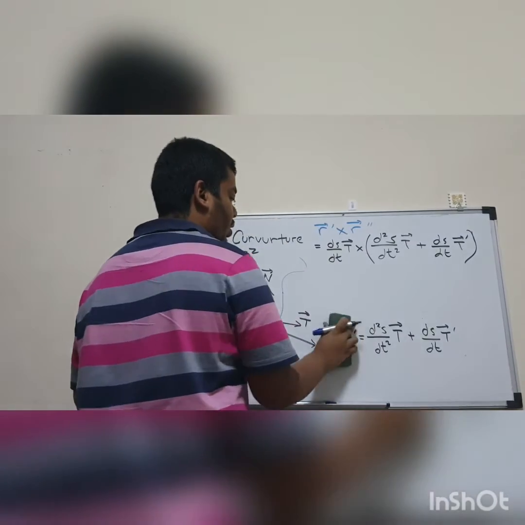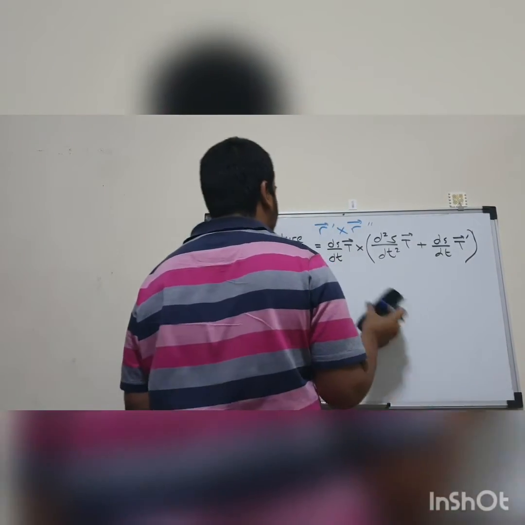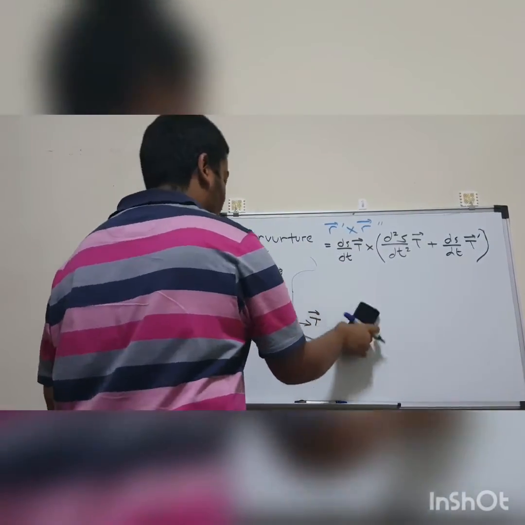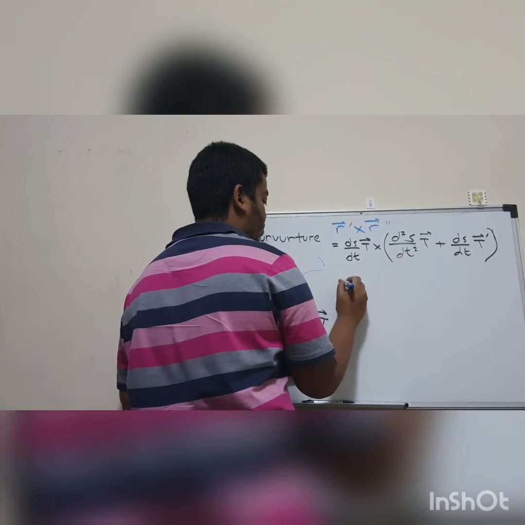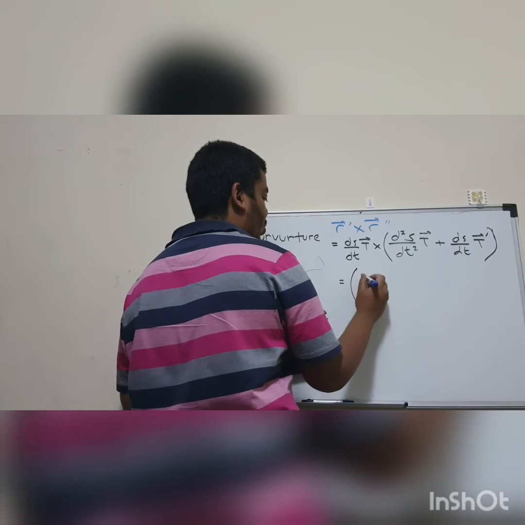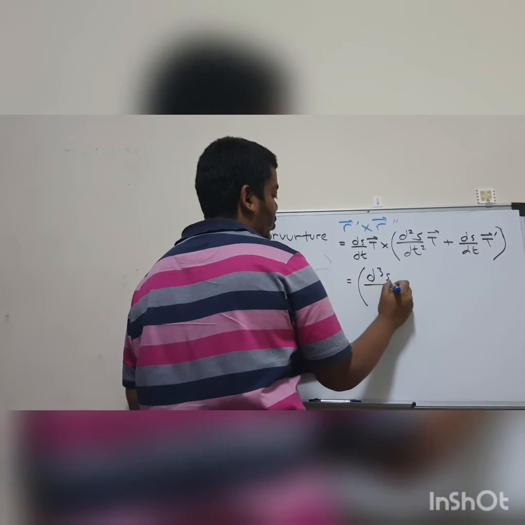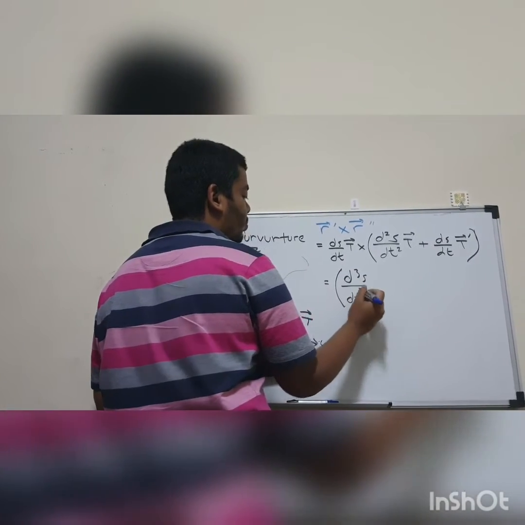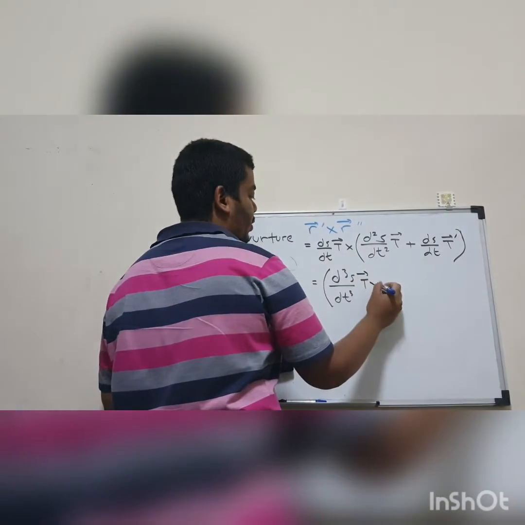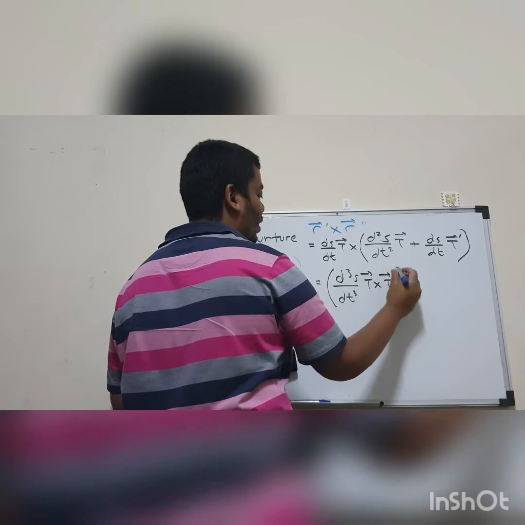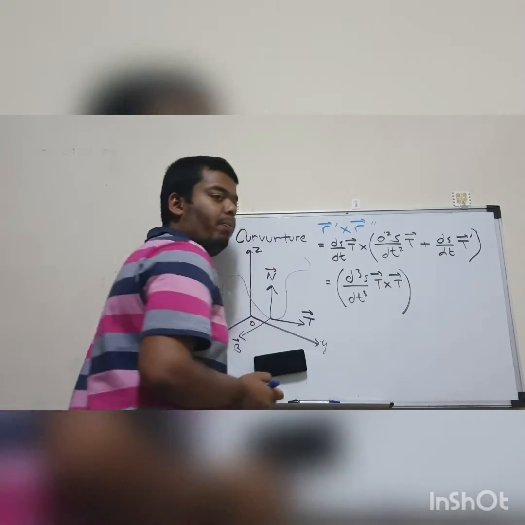Now guys, this cross multiplication is distributive, sorry. So we'll do the distribution property here. So it will be d cube s over dt cube, okay? And then we'll have t cross itself. Okay, perfect.